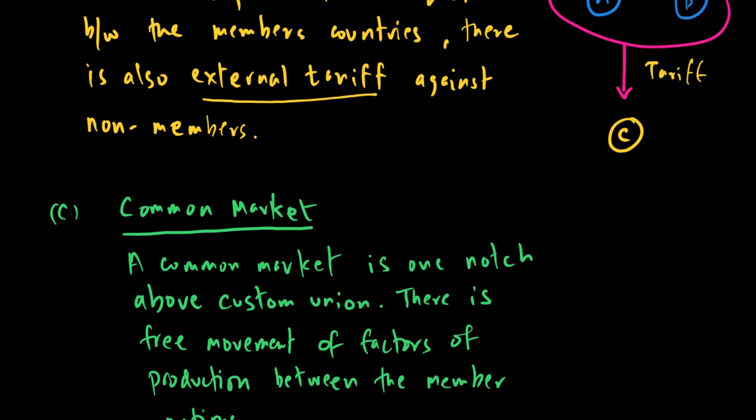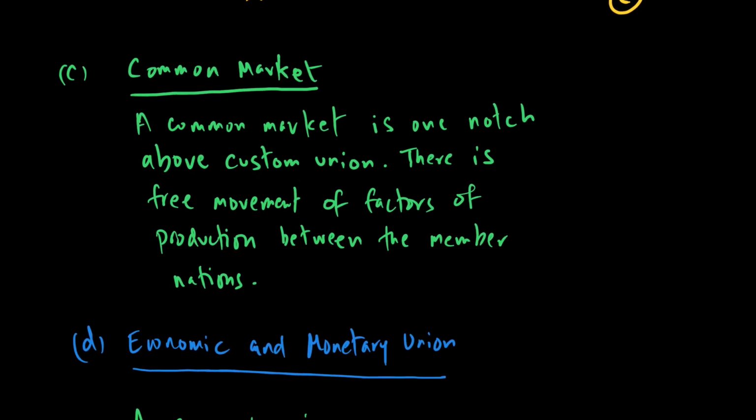Now let's move on to common market. What is a common market? Well, a common market is one step ahead of a customs union. In a common market, there is free movement of factors of production between the member nations. So it is like a customs union plus free movement of capital and other factors of production like labor.